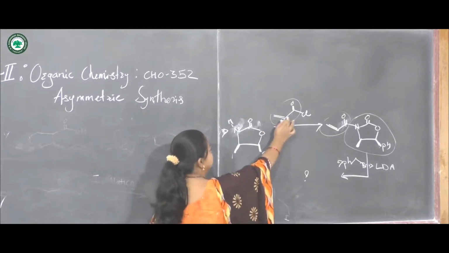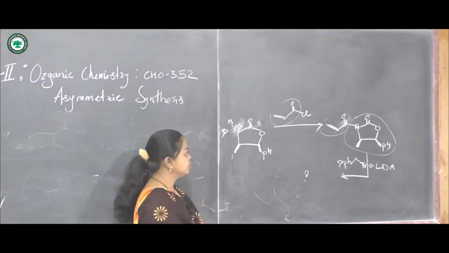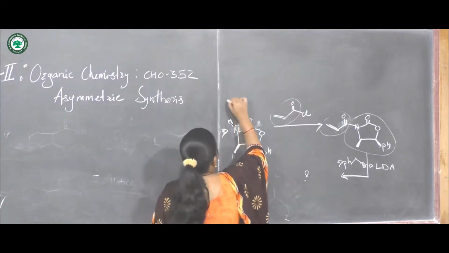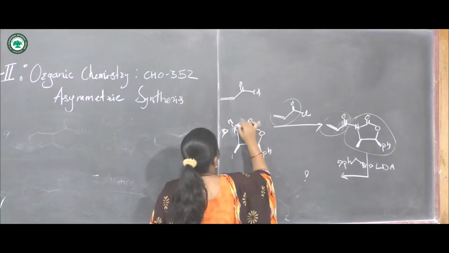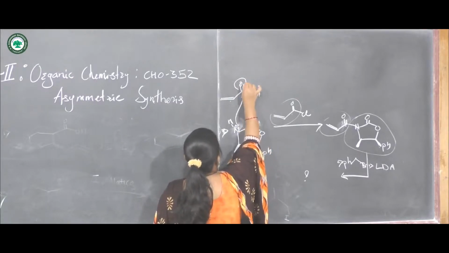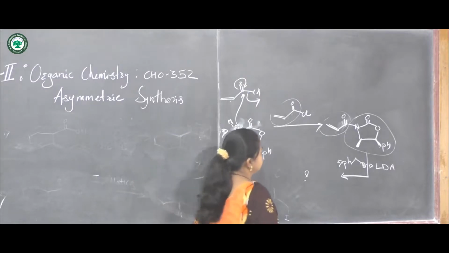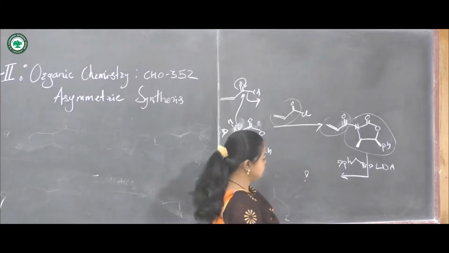When it reacts with this acid chloride, this nitrogen is found to be nucleophilic, and it will displace this chlorine very easily. Reversal of the charge and chlorine will get removed, and we are getting this structure. So this is the first step of the reaction.